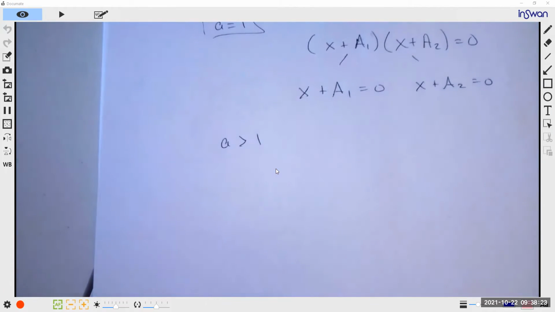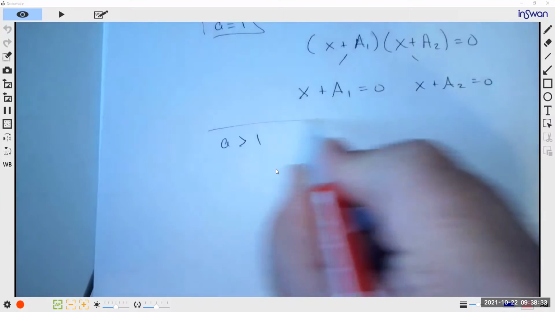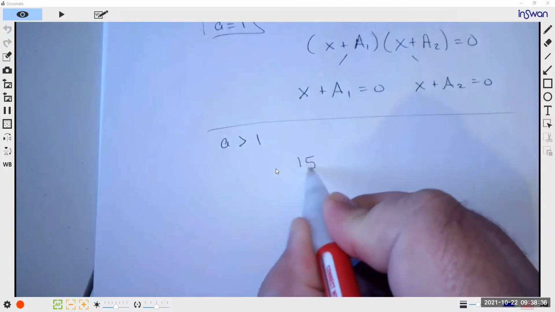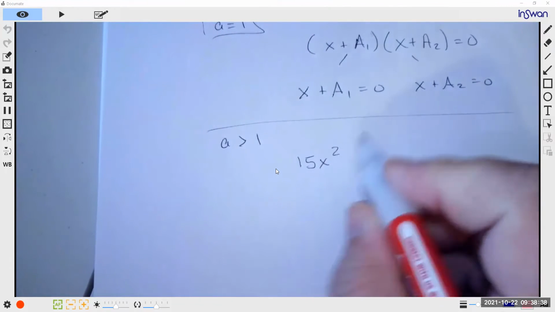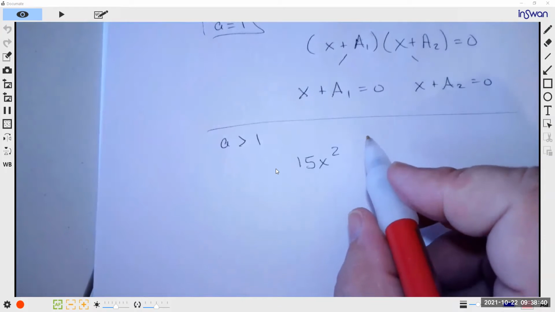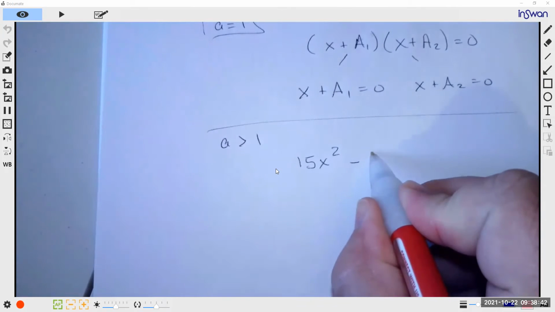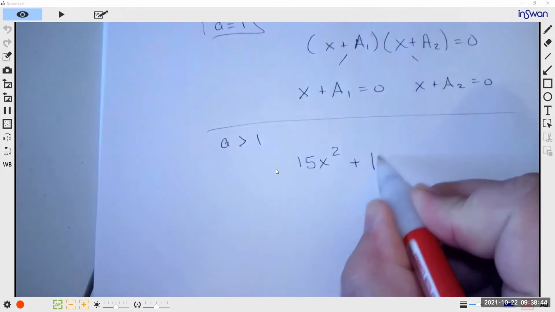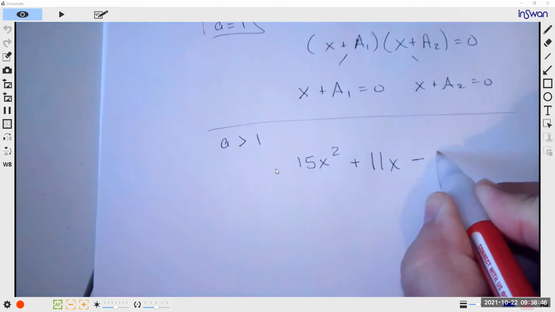For example, let me make one up here. If we had 15x squared minus or plus 11x minus 8.